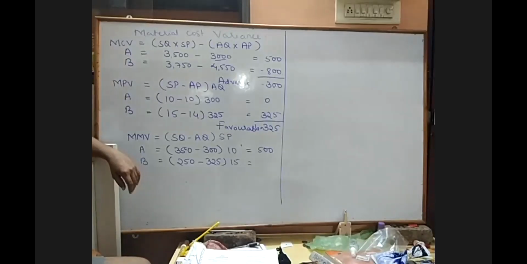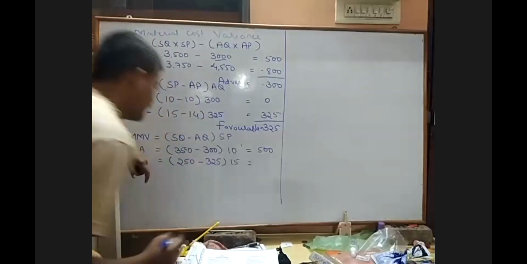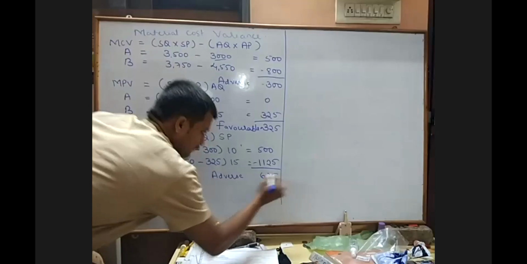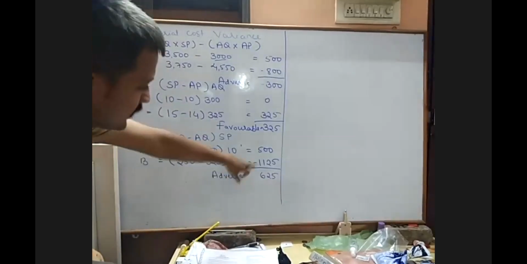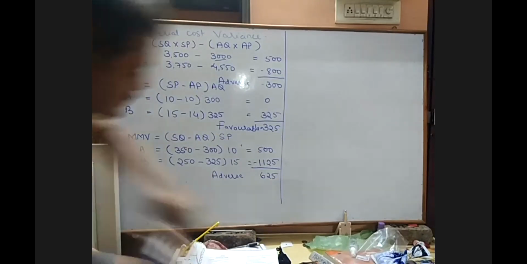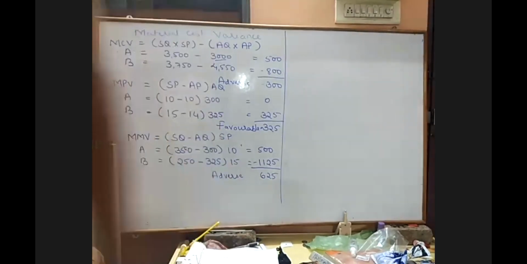The value is 1,125, and this is negative. So it will lead to adverse 625. Why adverse? Because the negative is more than the positive. That's why it leads to adverse, that is 625.